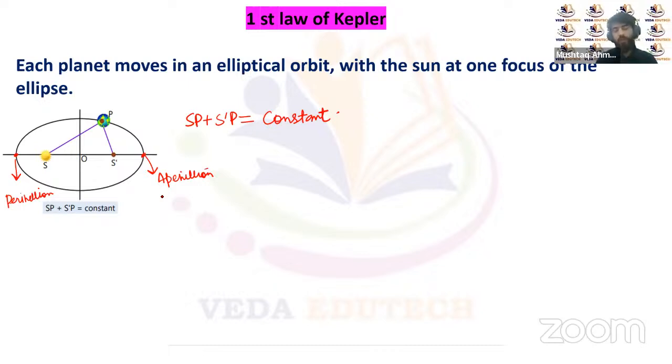The point where the planet is very close to the sun, we call perihelion, and the point where the planet is farthest, at maximum distance from the sun, we call aphelion. So these are the two important points: one is perihelion, another is aphelion. So a planet moves in an elliptical orbit with the sun at one of the foci. That's Kepler's first law of planetary motion.